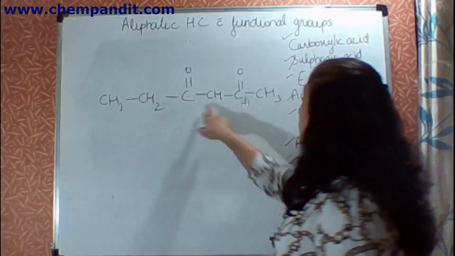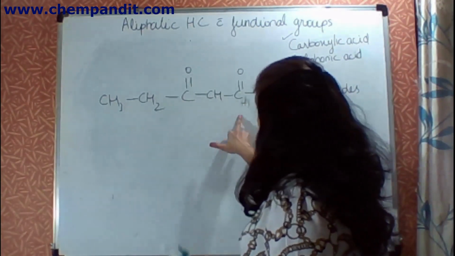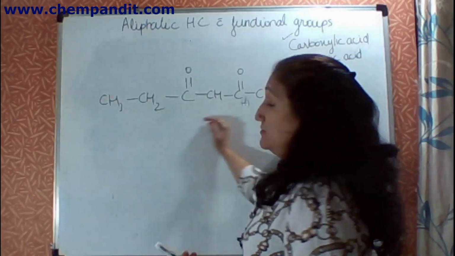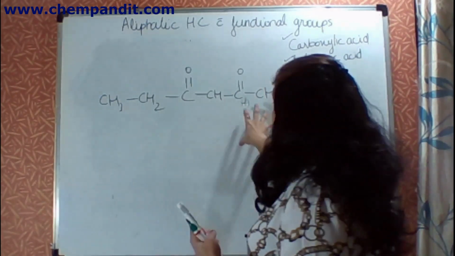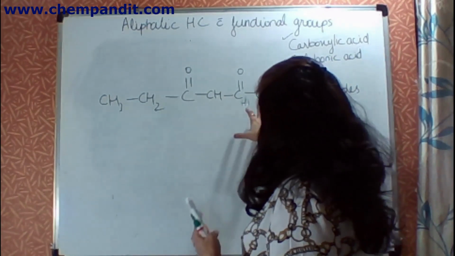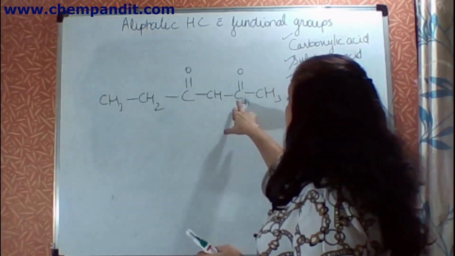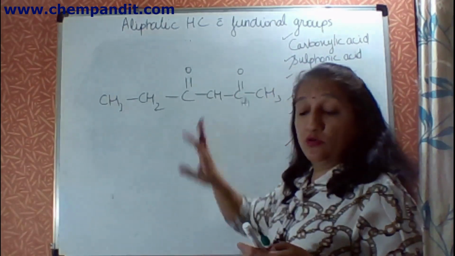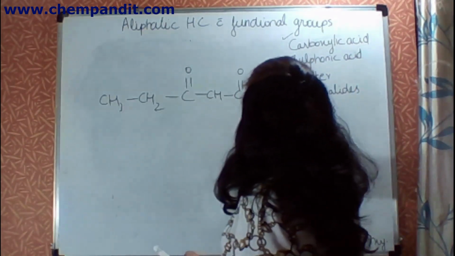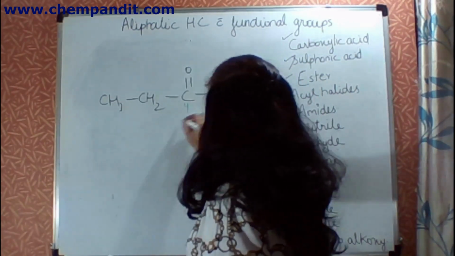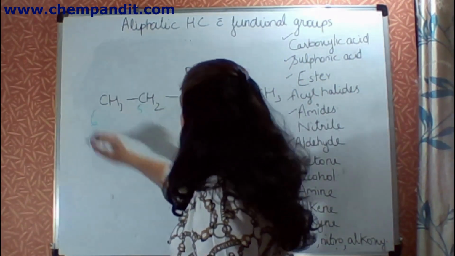Again you have two ketonic groups. The numbering will be done in such a way that the ketonic group gets the lowest number. So the numbering will be done from this side, 1, 2, 3, 4, 5 and 6.